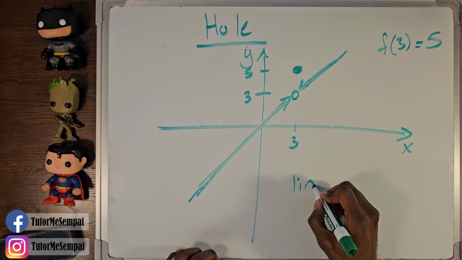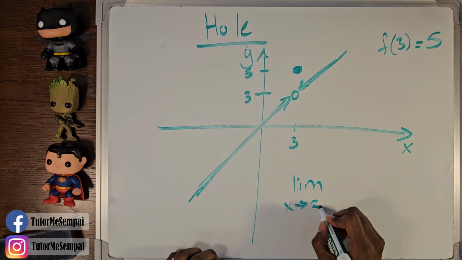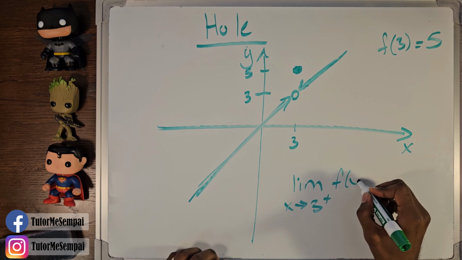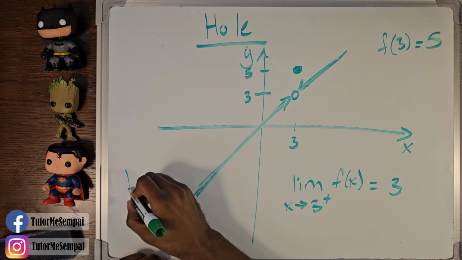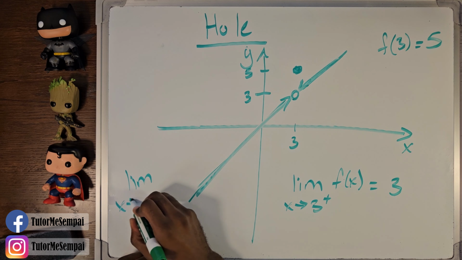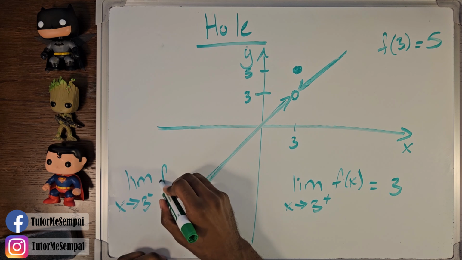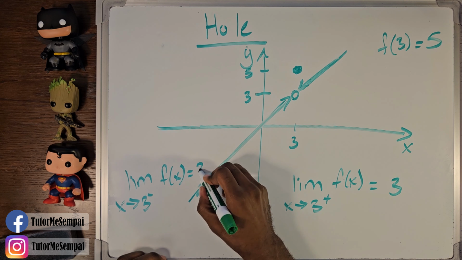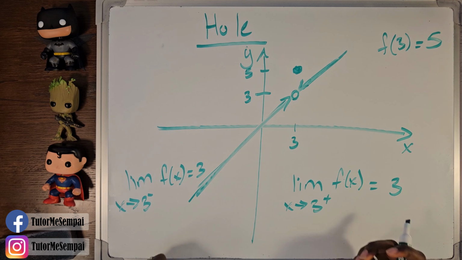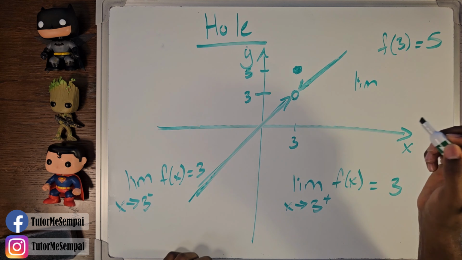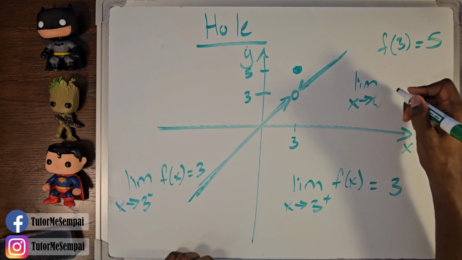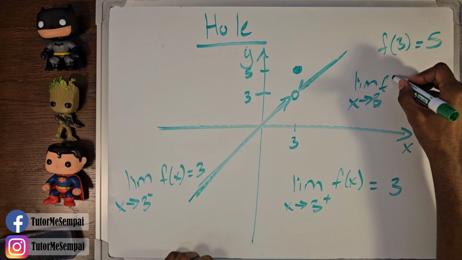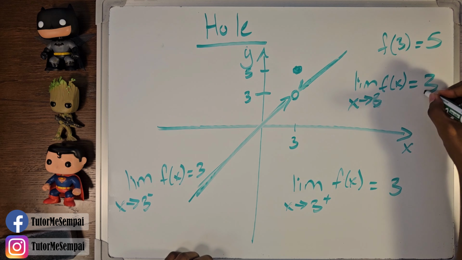So the limit as x goes to 3 from the right is going to be 3, and the limit as x approaches 3 from the left of f of x is also going to be 3. That lets us know that the limit as x approaches 3 of f of x is going to equal 3.